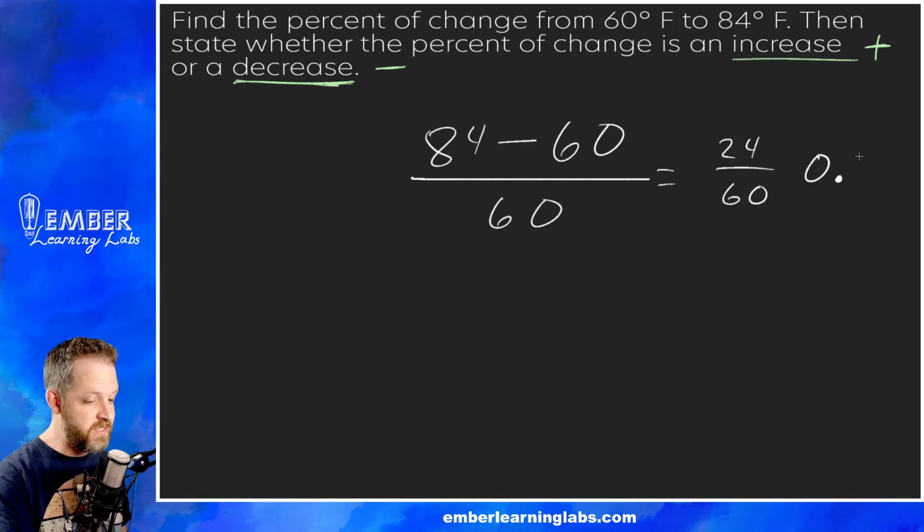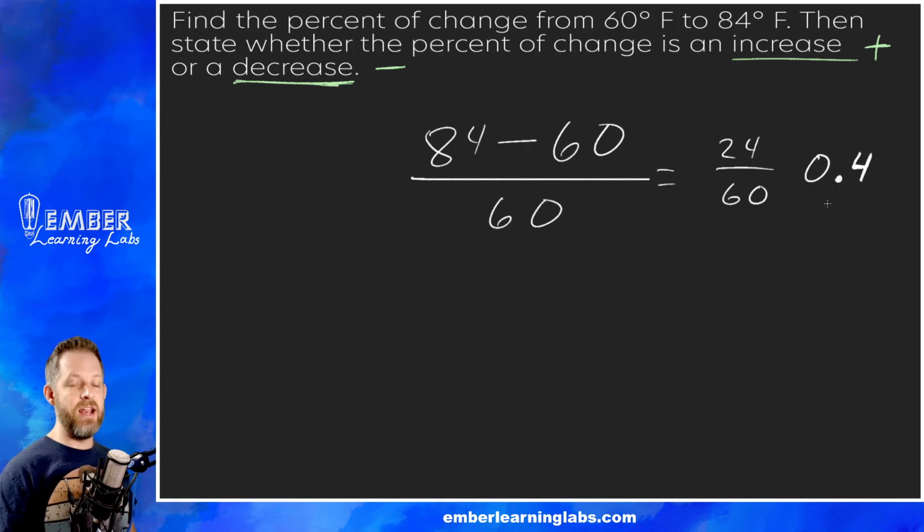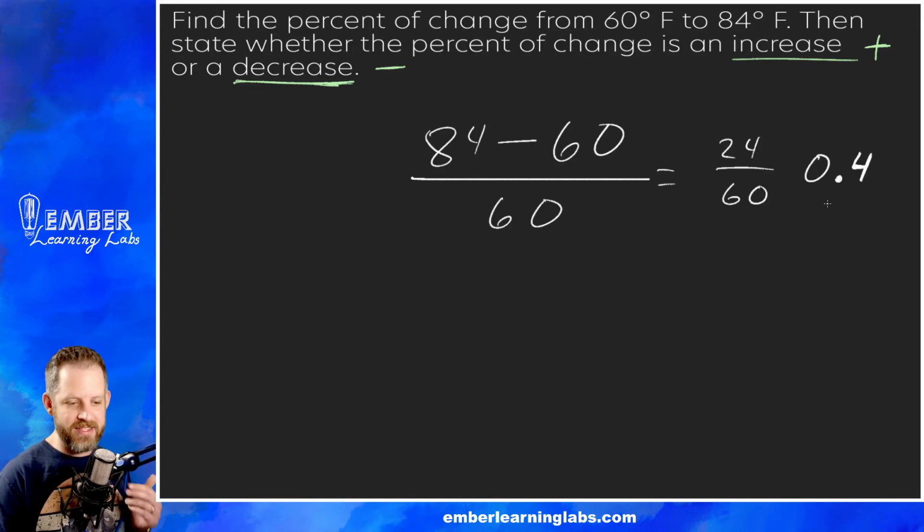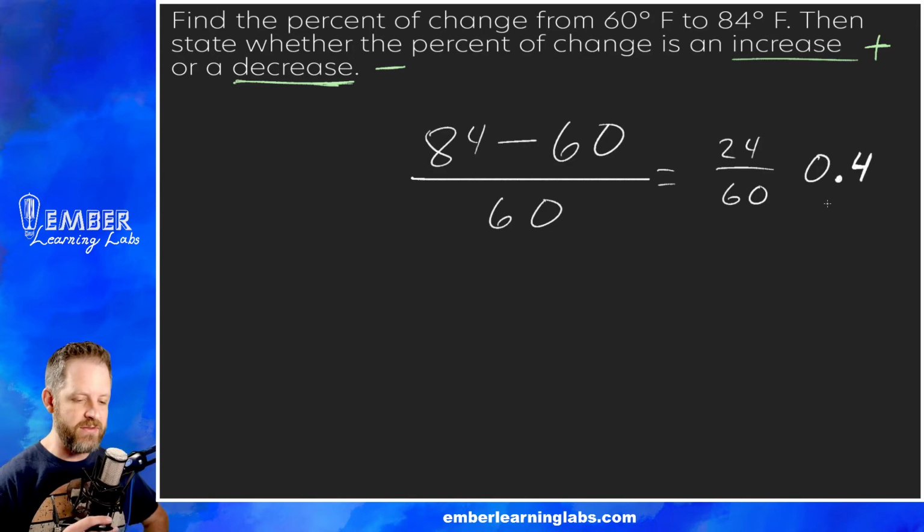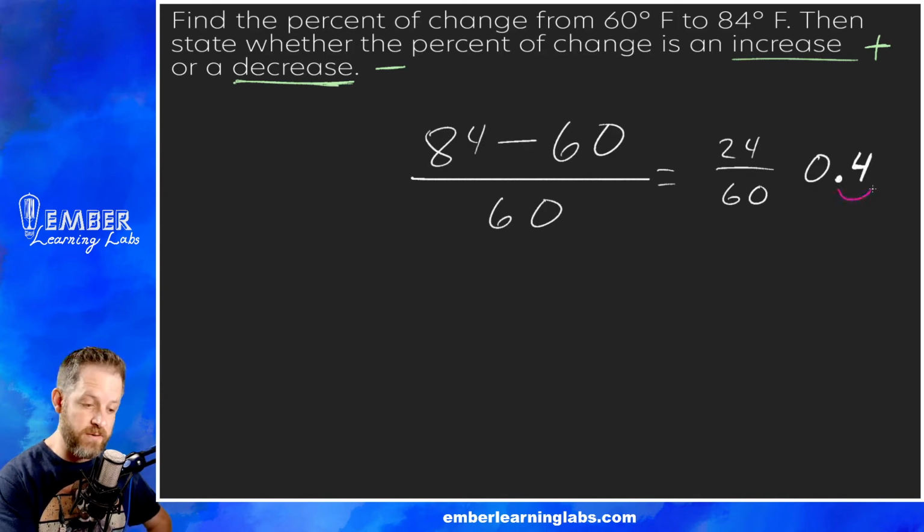Now, on the percent word problems, we did the over 100 thing, and so we ended up with a percent right away. Well, doing it this way, it doesn't give us the percent right away. It gives us the decimal equivalent. And so we need to move that decimal over 2 places to convert that decimal into a percent, right? And so our final answer here is 40% increase.